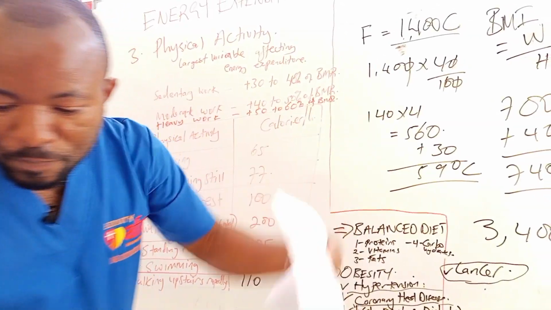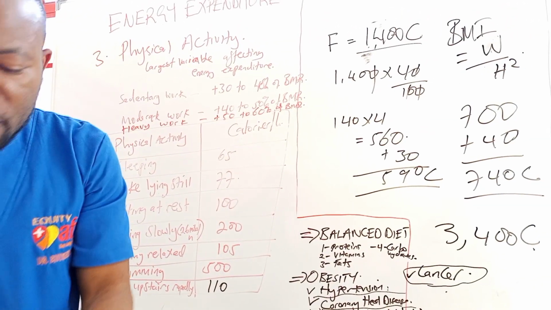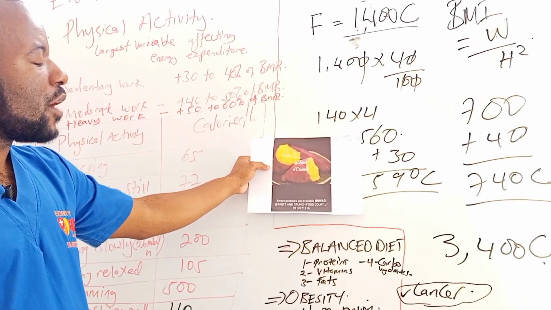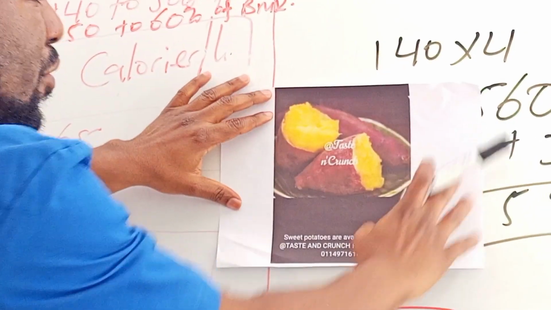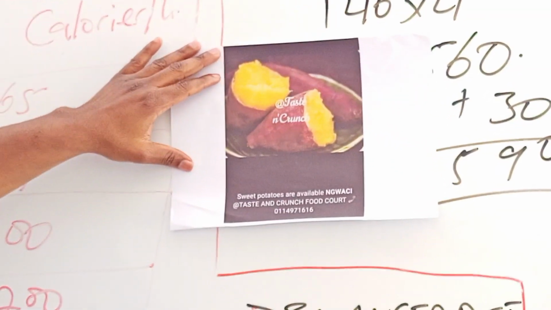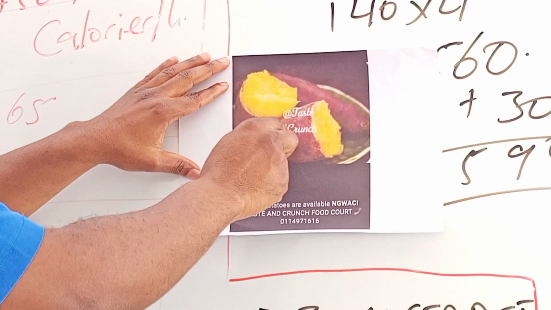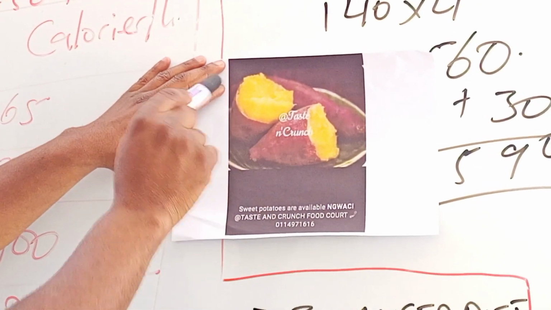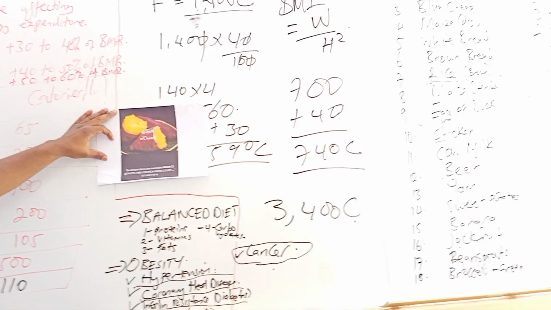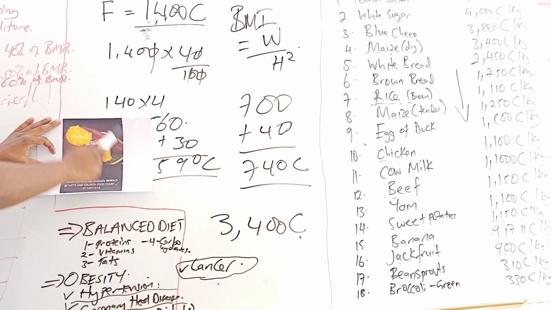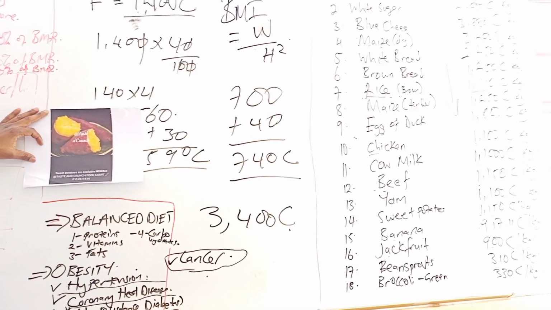Another example is this jug. If you're trying to save money, or you don't have money, or you have a wedding, every time you are eating this, you're eating only carbohydrates. And we said sweet potatoes, the thermogenic effect in sweet potatoes is only 5%.